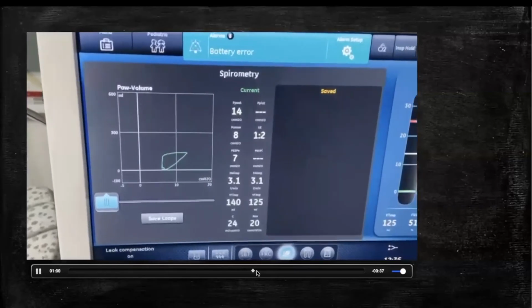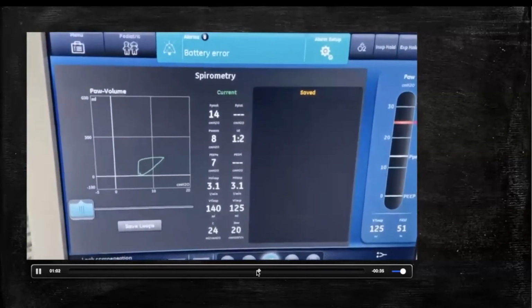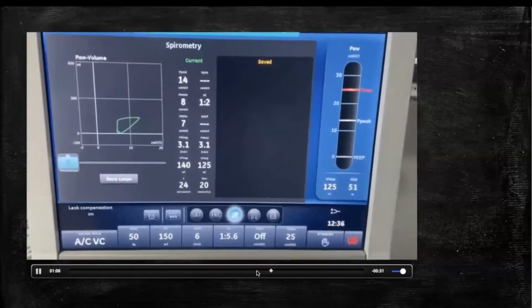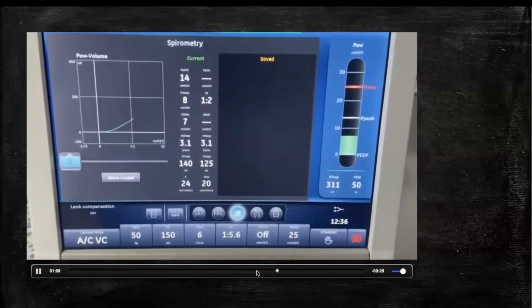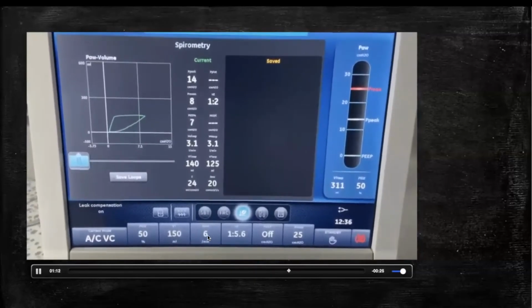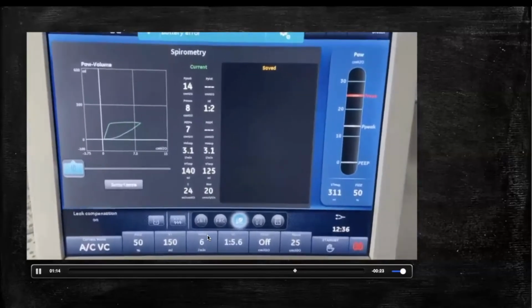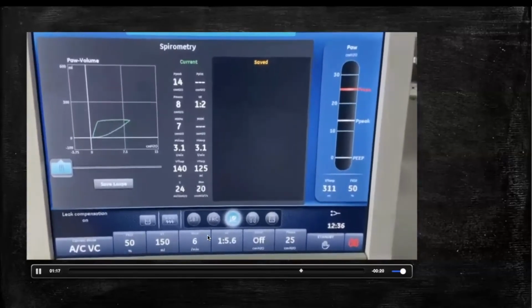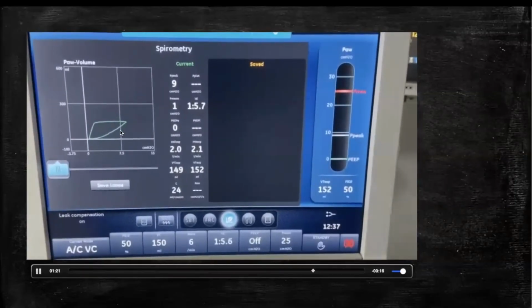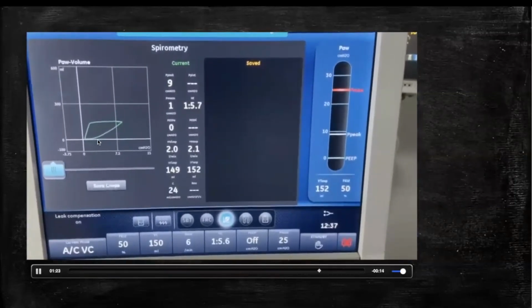In the subsequent few seconds, we can see that at 0 PEEP, a respiratory rate of 6 per minute, and a gas flow of only 6 or 7 liters, you've got a static PV loop which has almost no lower inflection point.